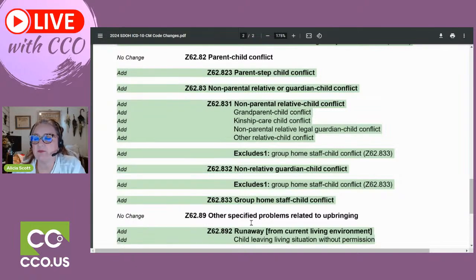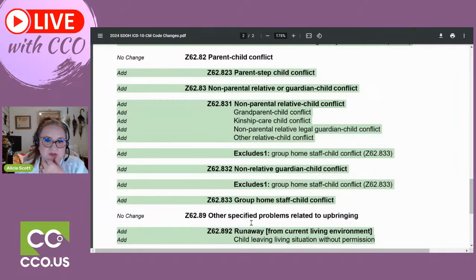So, grandparent, kinship care, non-parent legal guardian, child conflict, or other relative conflict. What if you had a cousin that was causing conflict, or again, grandparents are often helping raise children, but that's not the same thing.